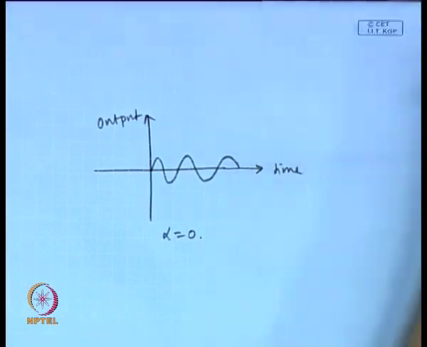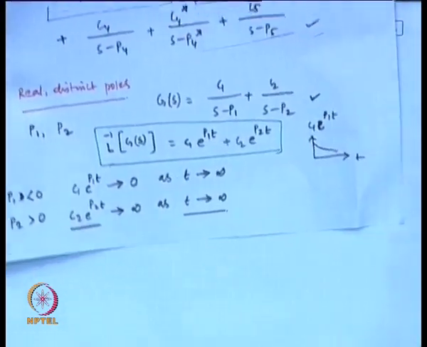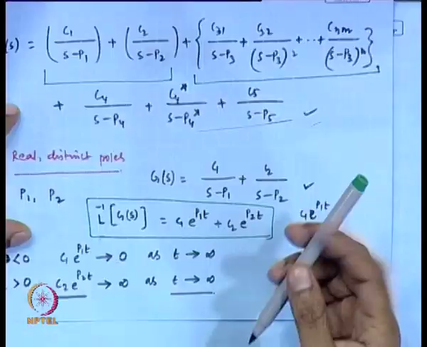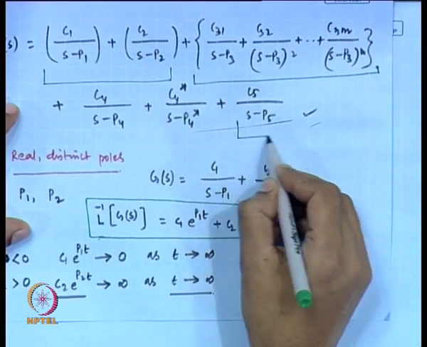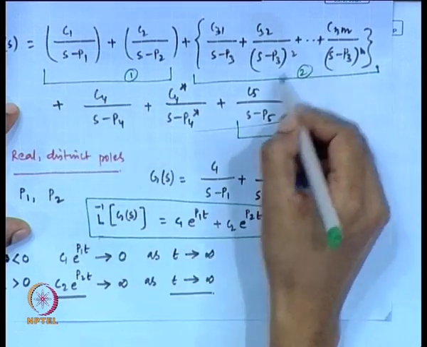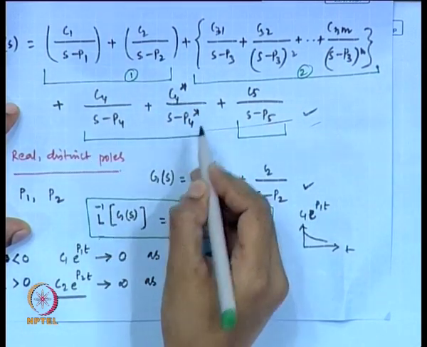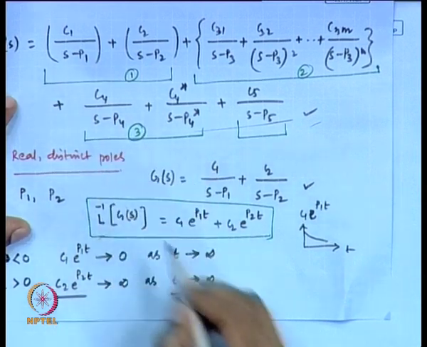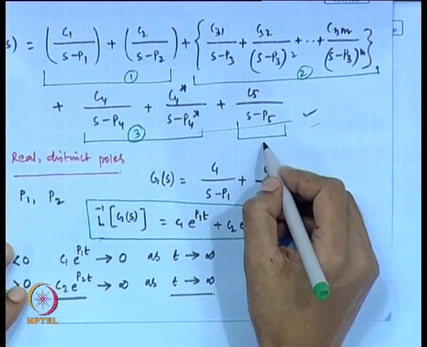Now, another case, I mean the last case, in which we will consider this transfer function. Fine. This is the first case, second case, this is the third case, complex conjugate poles, and this is the fourth case.